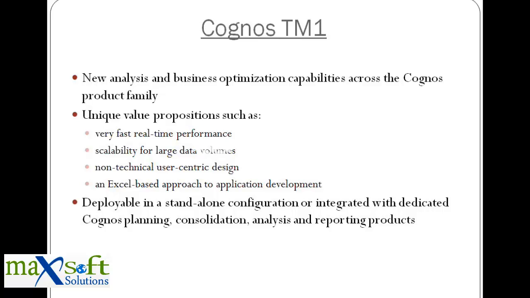So a non-technical user can also browse the data within the TM1 cube, because it has an Excel-based approach. People find it very easy, especially the finance guys, because their bread and butter, day and night, is only Excel. So it has Excel integrated within the application, and you can use Excel as your end user tool to integrate with TM1.